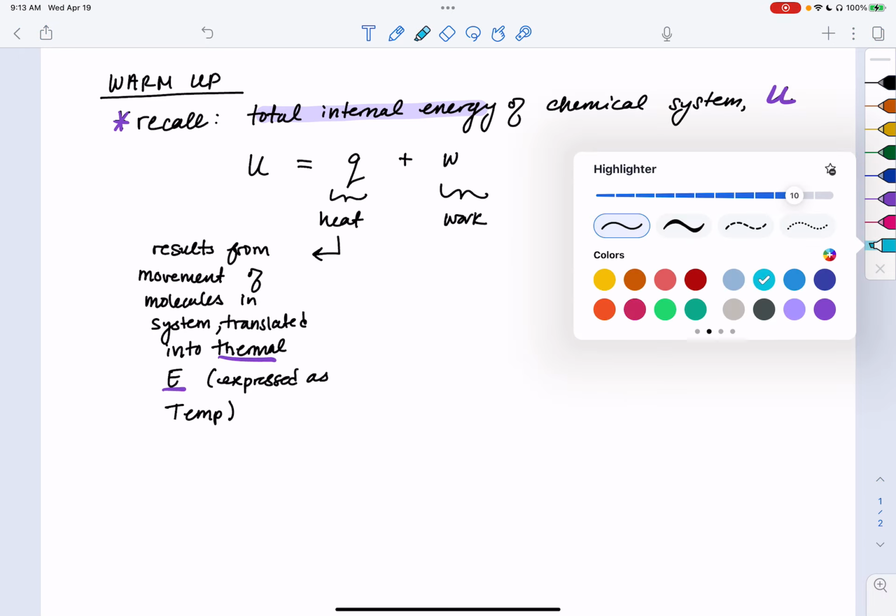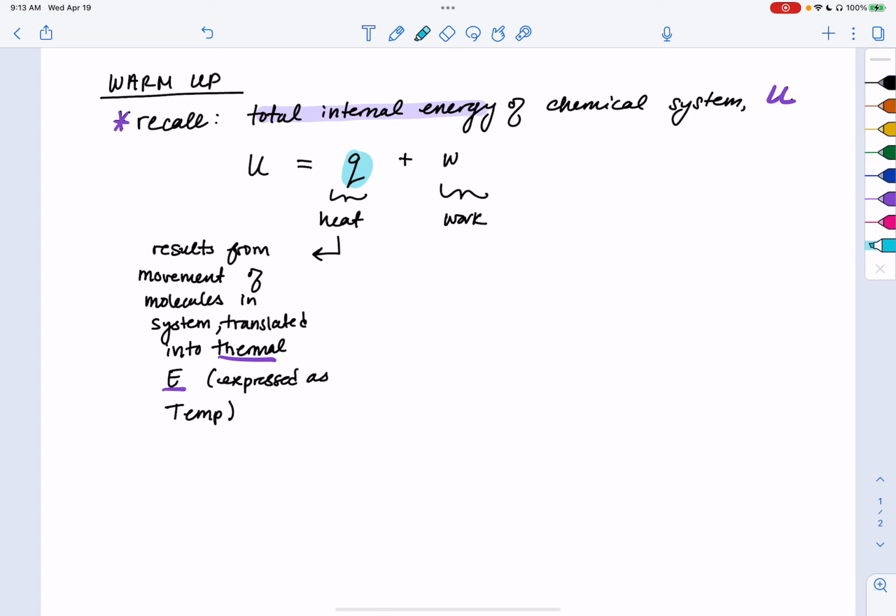Okay, so the first component, heat. So movement of molecules translated into thermal energy, which we relate via temperature. And we're going to look at how that relationship works later on in this lecture.